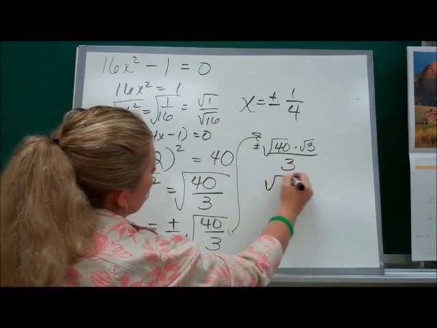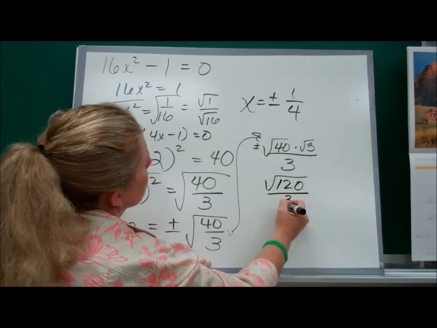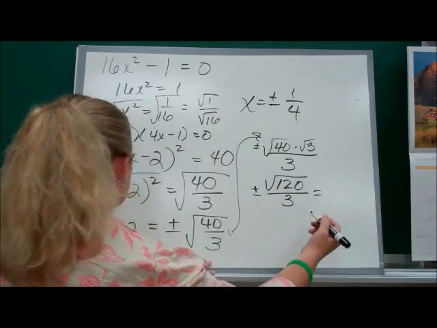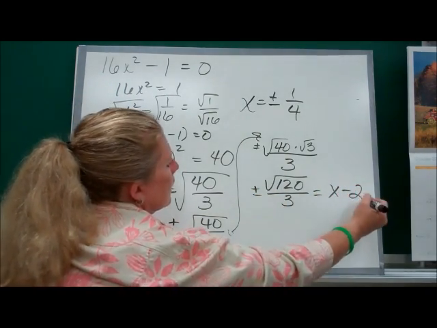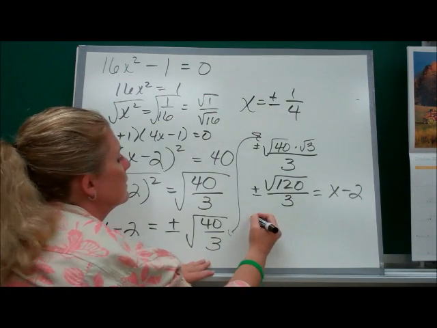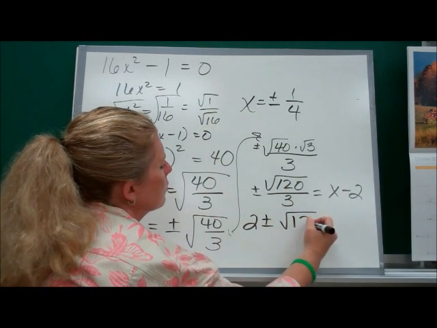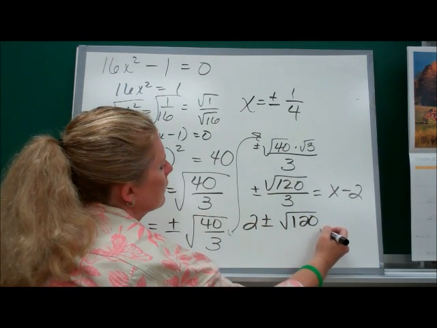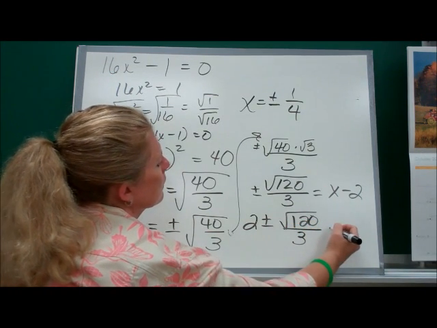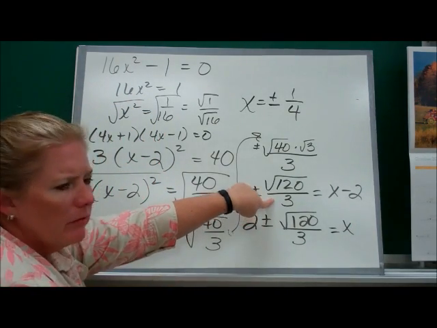We're going to have the square root of 40 times 3 is 120 over 3, plus or minus. And that's going to equal, sorry I switched sides on you, x minus 2. Then we add 2 to both sides. So we're going to have 2 plus or minus the square root of 120 over 3 equals x.